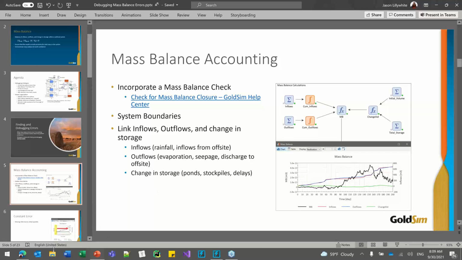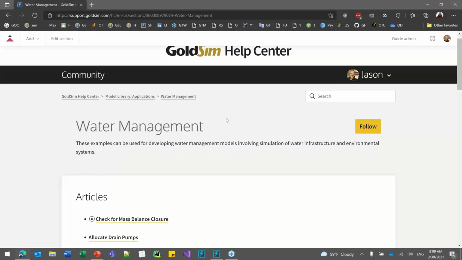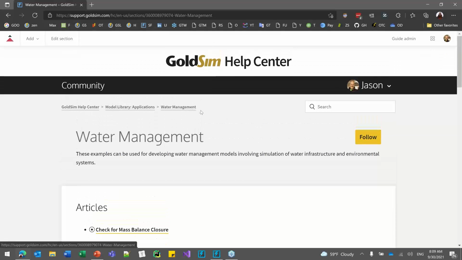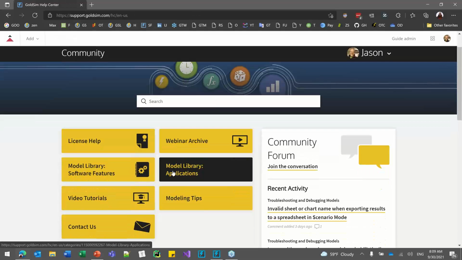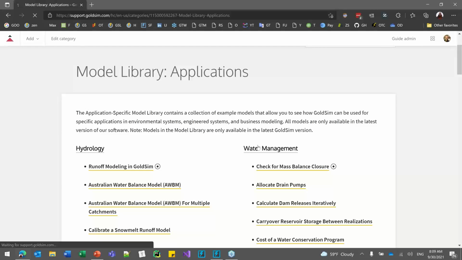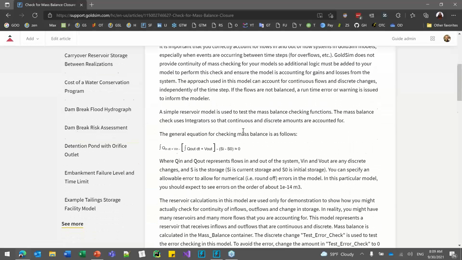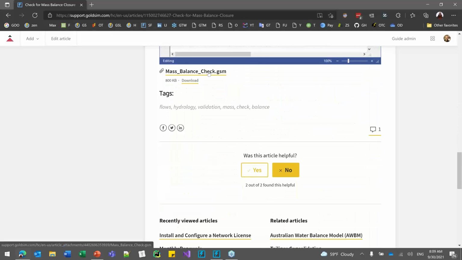It can be found in the Help Center on the GoldSim website. Go to Model Library, then the Water Management section. It's up here at the top: Check for mass balance. You just click on that, scroll down, and download the model.